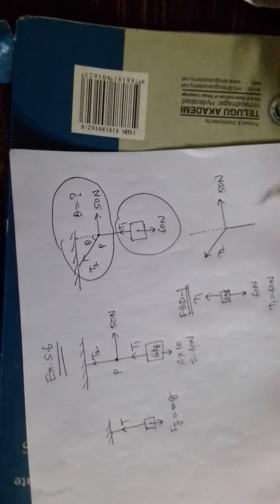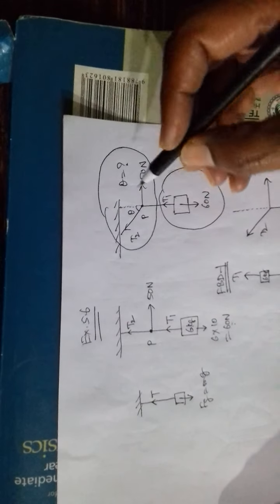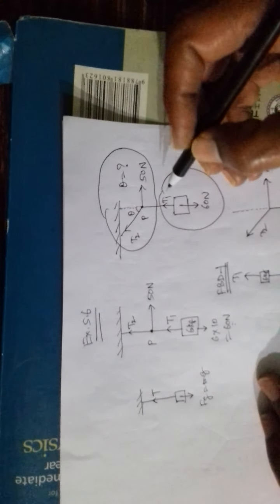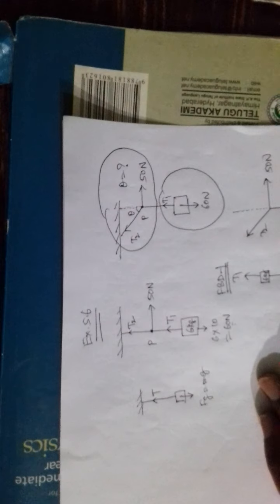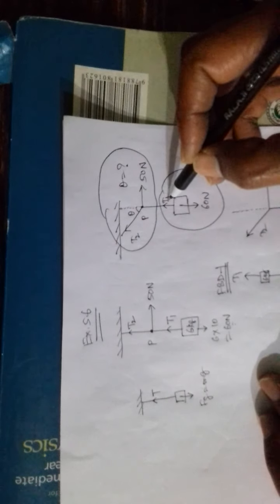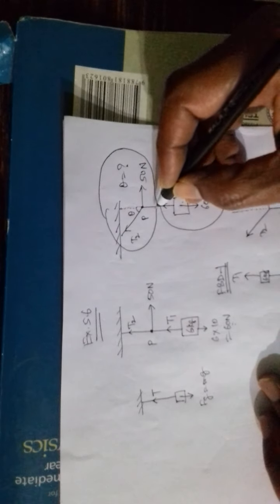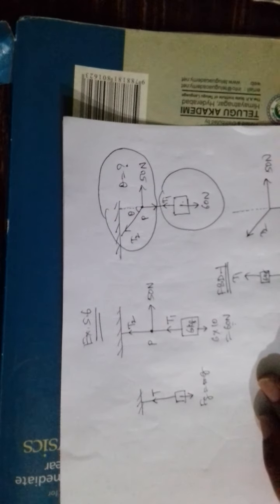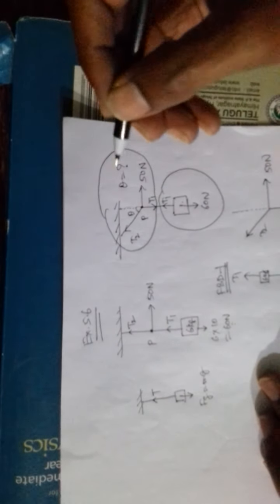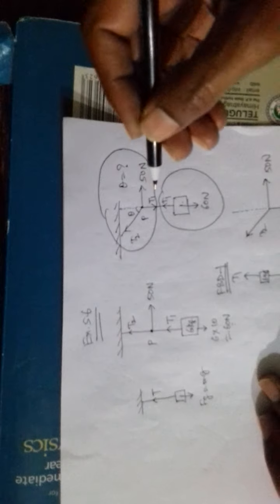Now see here, according to Newton's third law, forces appear in pairs. T1 on this body is upward and T1 on the point P will be downward. And there is another way also, using our common sense, we can decide T1 here.